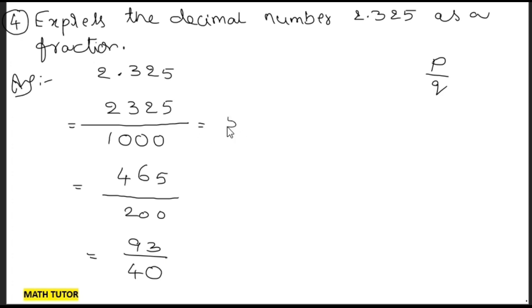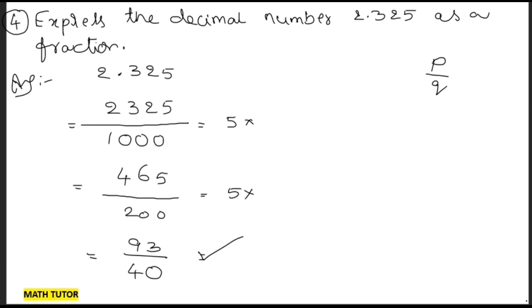Here I have used 5 table 5 times. Again here also I have used 5 table to cancel both numerator and denominator, and the answer is 93 by 40. Can I simplify it further? No, I have to stop here. So 93 by 40 is the answer.